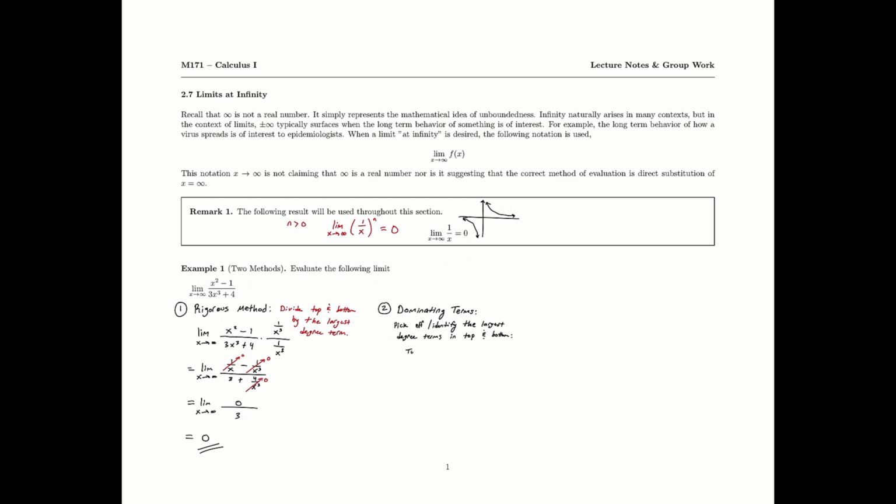So the biggest term, the most influential term when x goes to infinity in the top is x squared. And in the bottom, that term is 3x cubed.